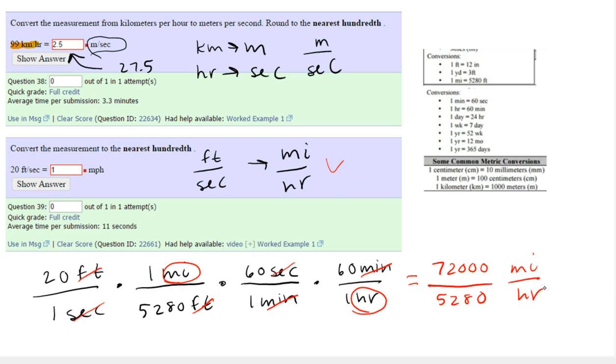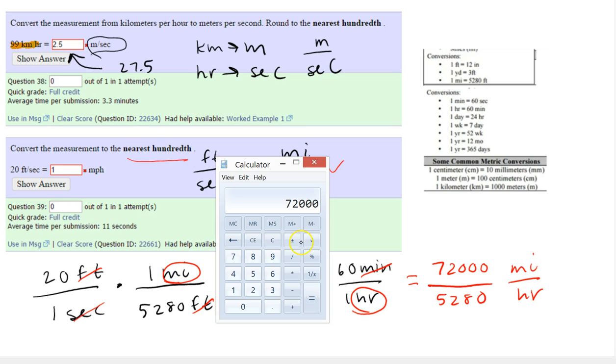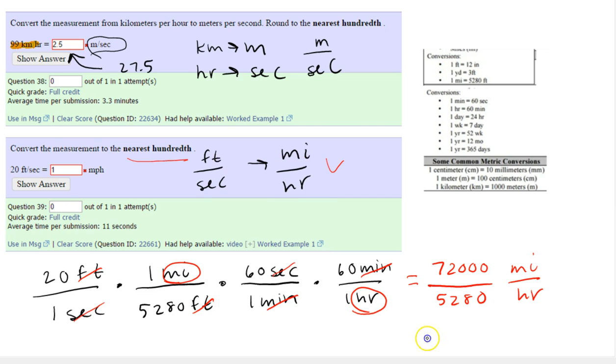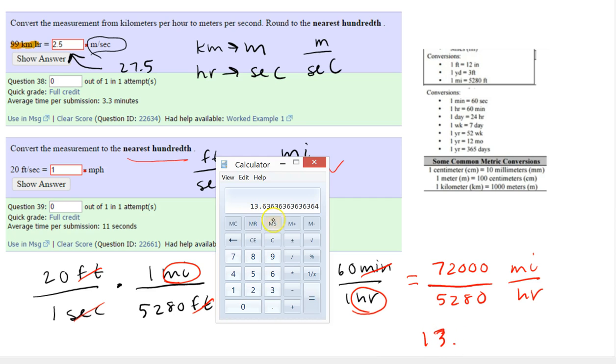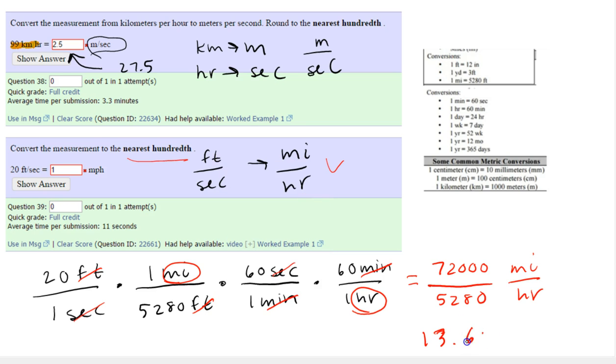And now we're going to reduce this and round to the nearest hundredth. So divide this by 5,280 and to the nearest hundredth. So the hundredths is a 3, the thousandths is a 6. So I'm going to round up, and that's 13.64 miles per hour.